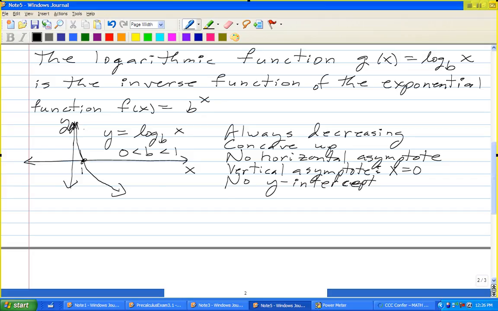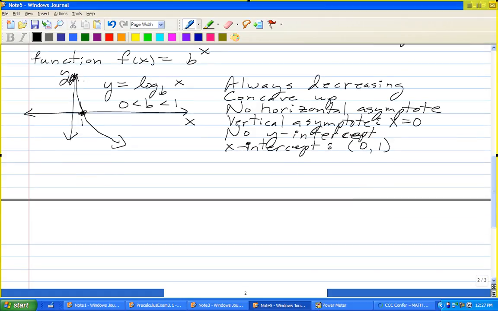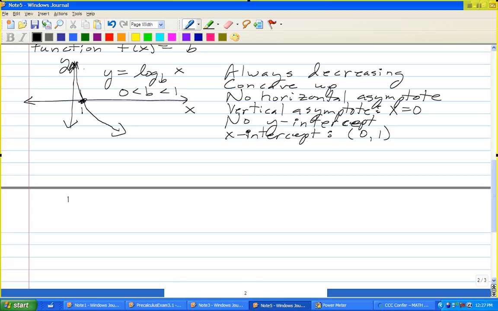The x-intercept is at the point (1, 0), which corresponds to, if you look at the graph of the exponential function, the y-intercept for the exponential function.